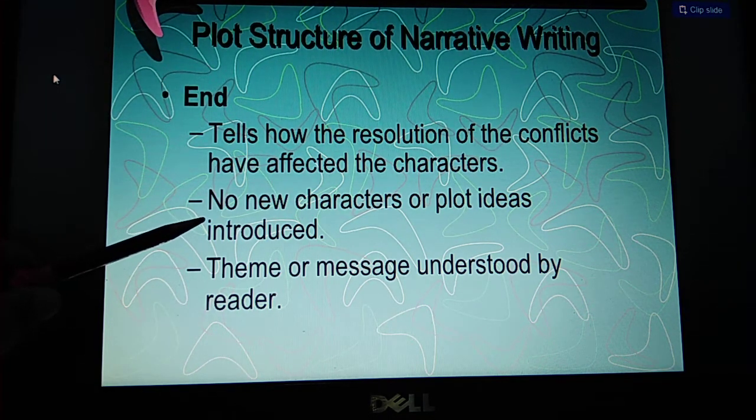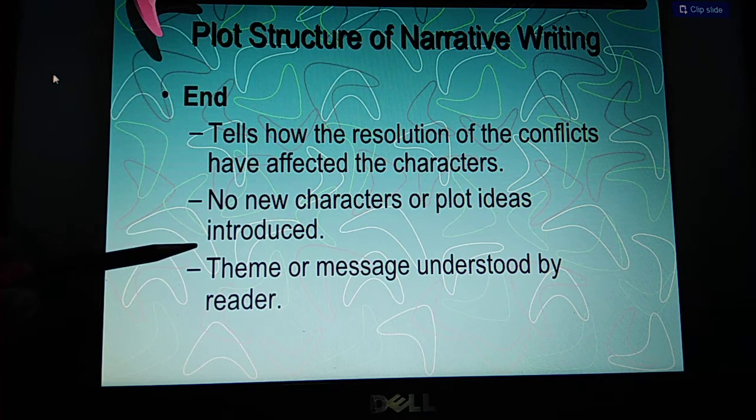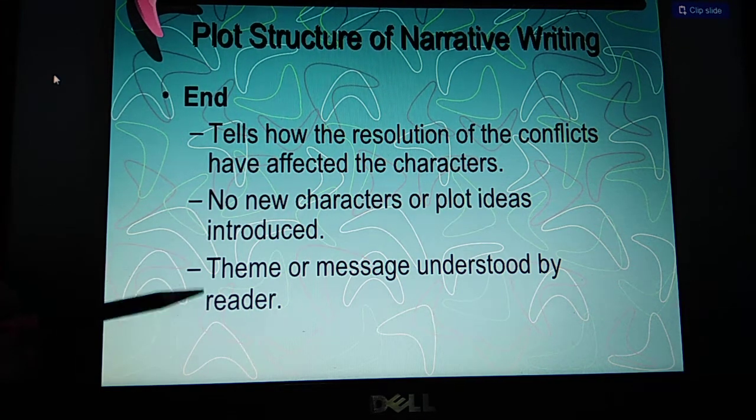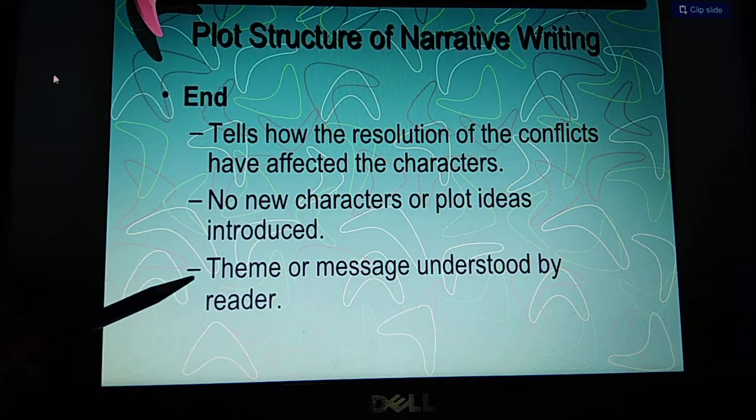That is, how the different characters joined together to solve the problem, and what was the outcome, or how did that solution affect the characters. Did they learn something from it? Did they improve themselves, or what happened to them?